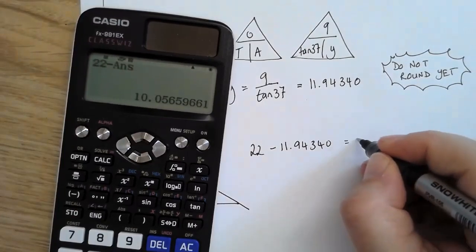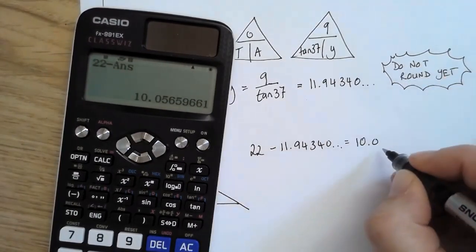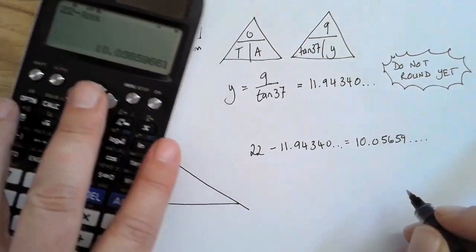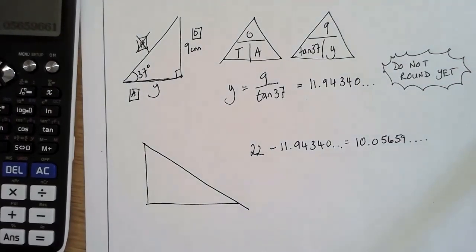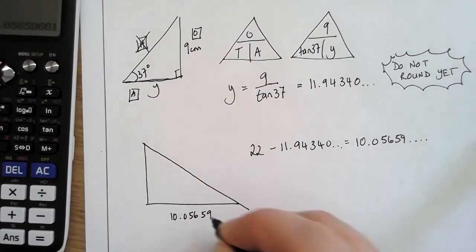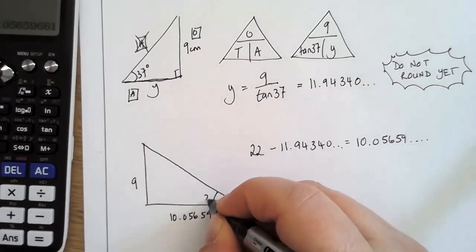Gives us this. Okay, note I still haven't rounded it. We're going to play with that in a minute. That's my 9, and there is my X.